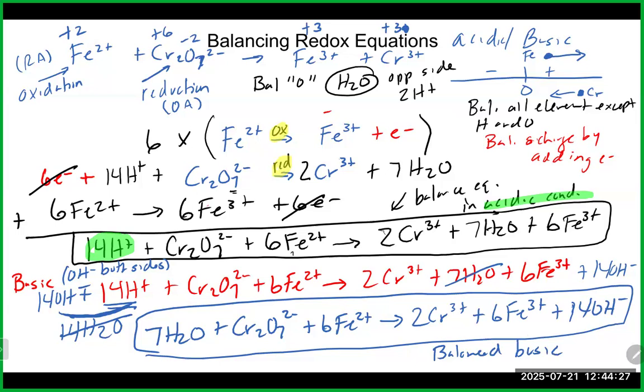Again, it should still be balanced the same way. I have 14 hydrogens there, 14 there, 7 oxygens there, plus 7 more is 14. So 14 oxygens, 2 chromiums, 6 iron. Overall charge on the left is -2 and +12. So that is a +10.